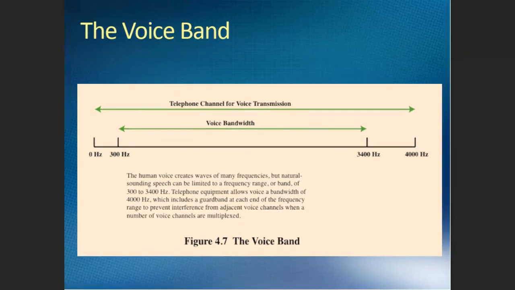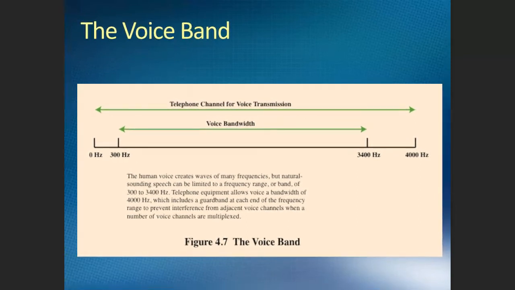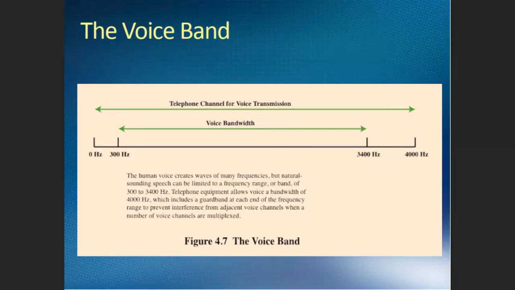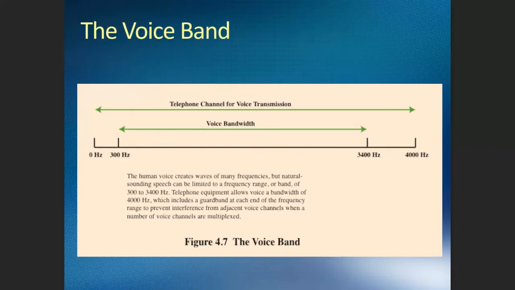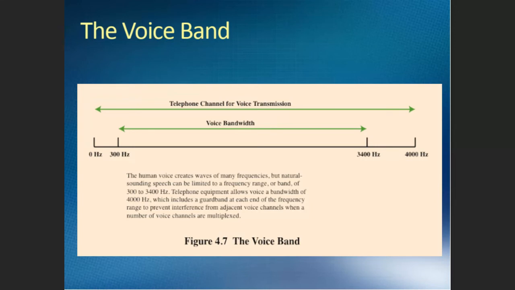So telephone equipment allows voice a bandwidth of 4,000 hertz. That's why the telephone company, or the manufacturer, programs the telephone equipment to handle 4,000. They put some extra, and I will tell you why. Here we have from 0 to 300, and from 300 to 3,400. This is the voice bandwidth, and this is the channel given to me by the telephone system, 4K.